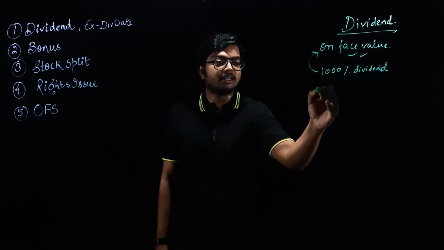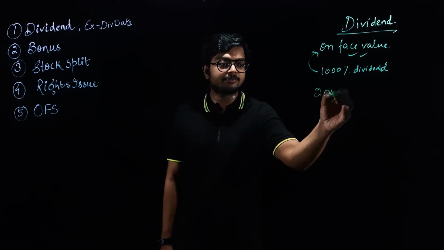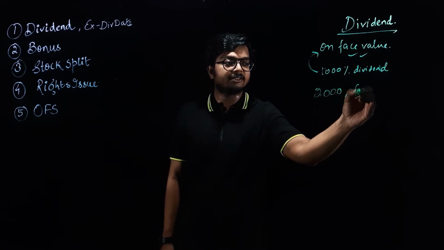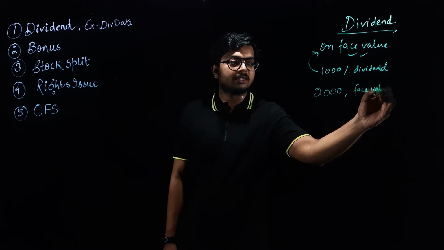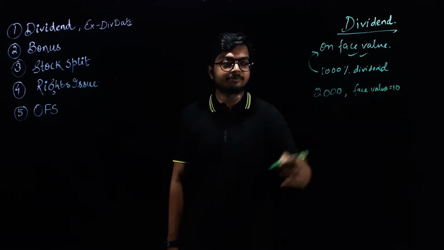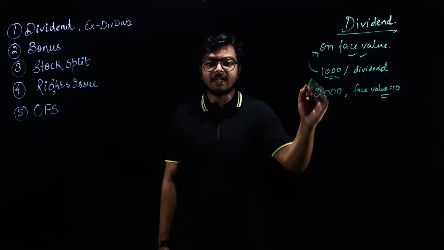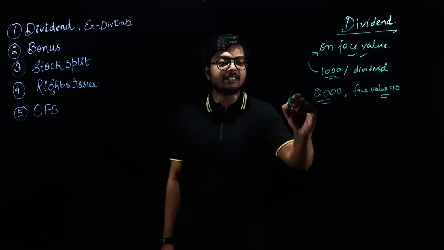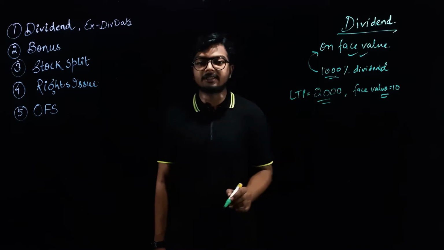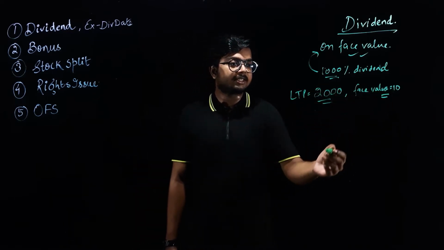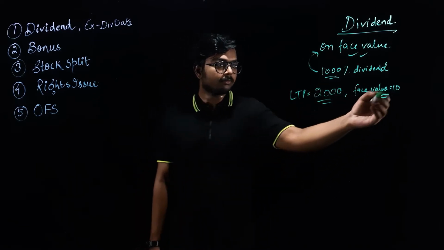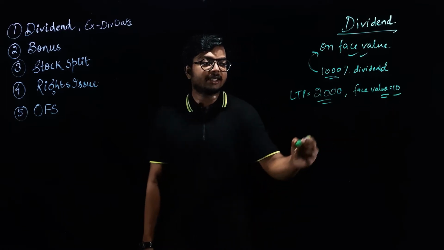Say for example, Reliance share price is 2000 but its face value is say 10 rupees. So this 1000% is on this face value and not on the current LTP or last traded price. So 1000% of this 10 rupees you would get as dividend.